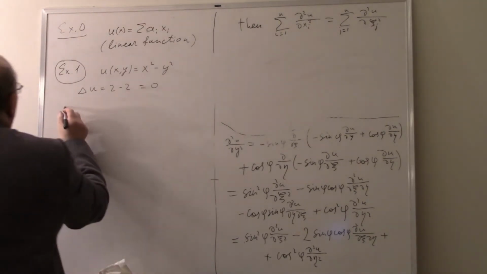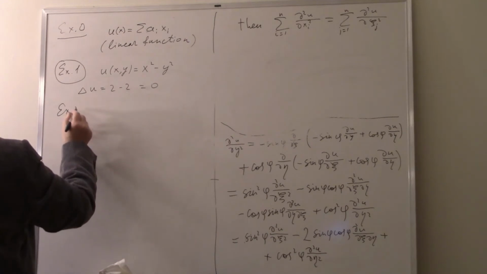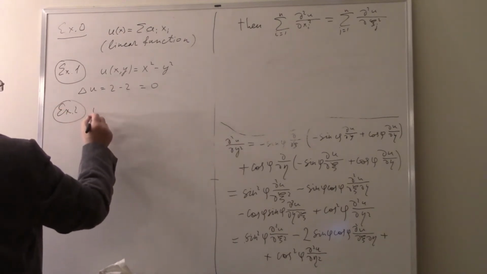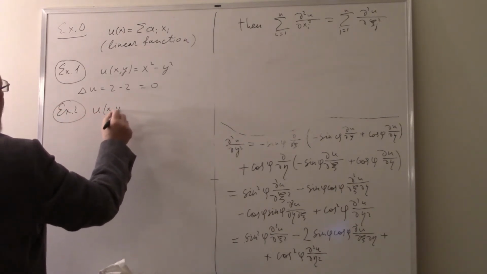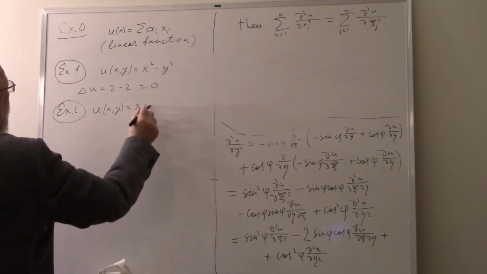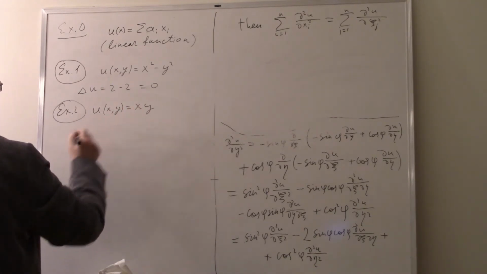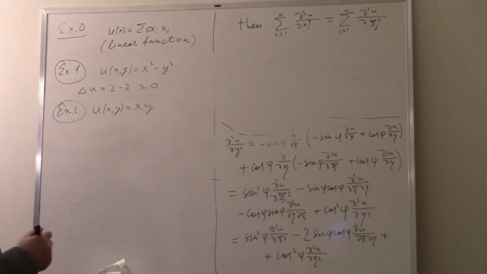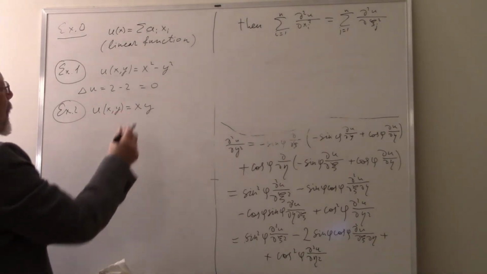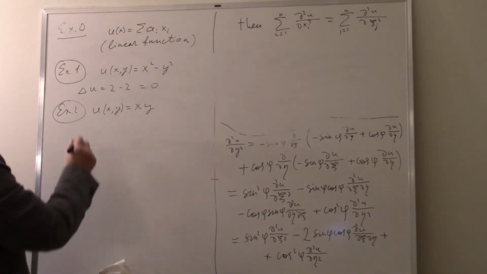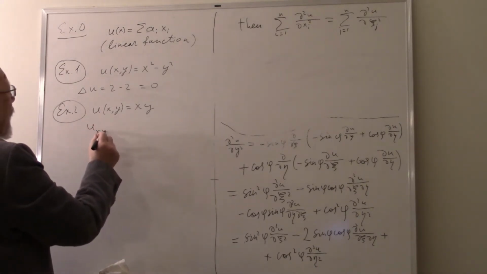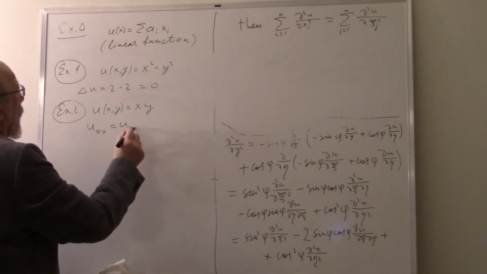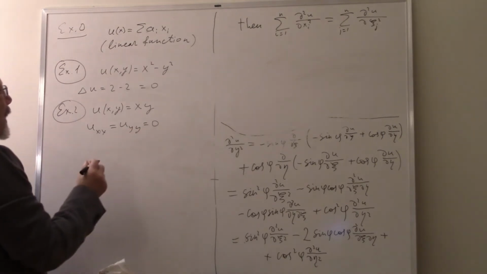Next, u of xy equals xy. Here u_xx equals u_yy equals 0.